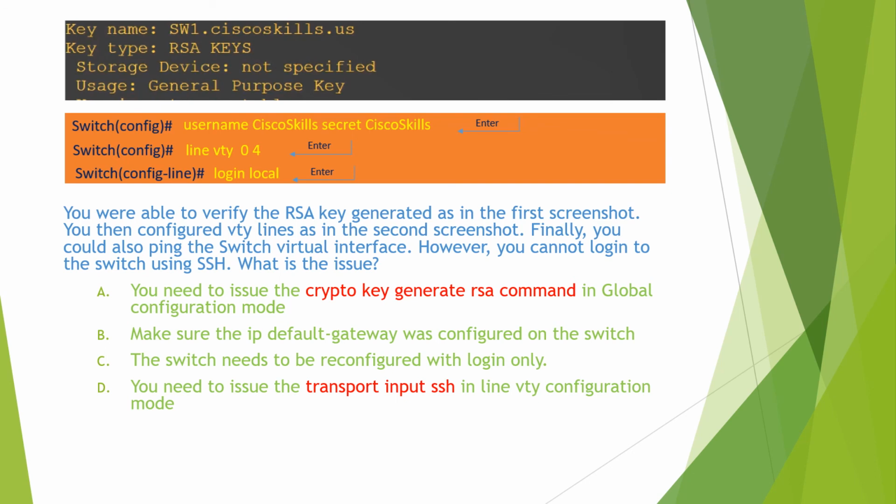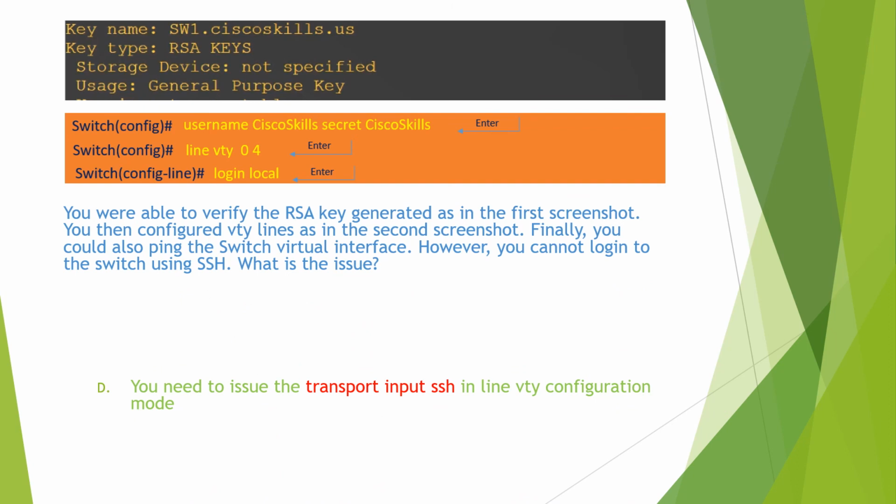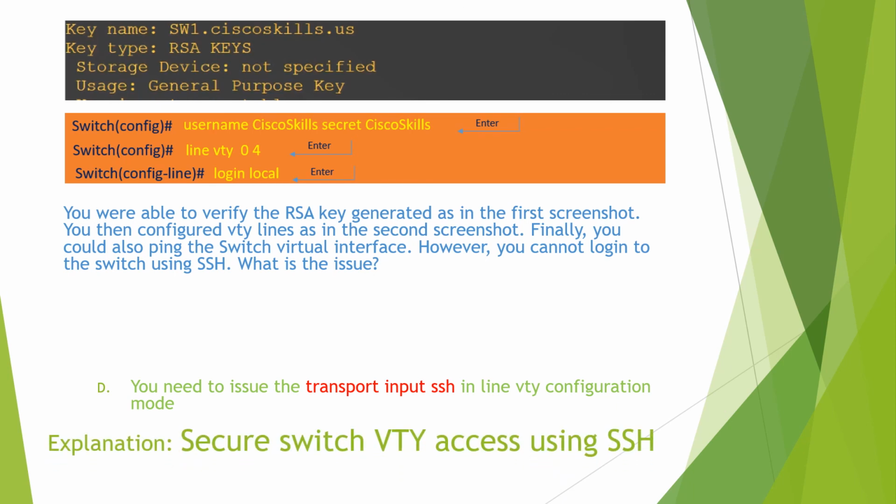As you know, in order to access the switch using SSH, you need to configure the VTY lines with the command transport input ssh in line VTY configuration mode. Therefore, the answer for this question is D. You can find the detailed explanation for this question in the video, Secure switch VTY access using SSH.